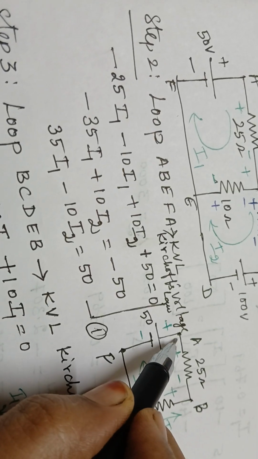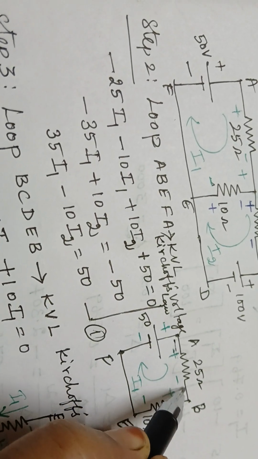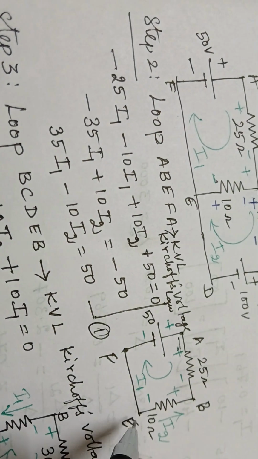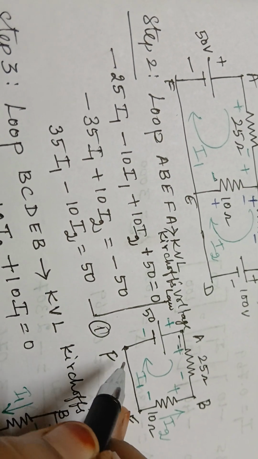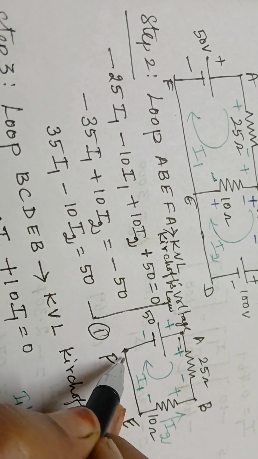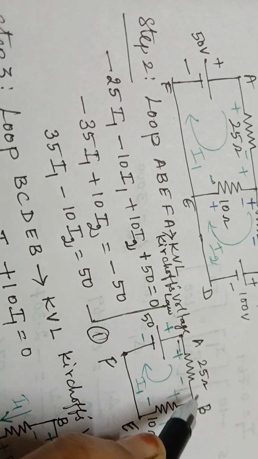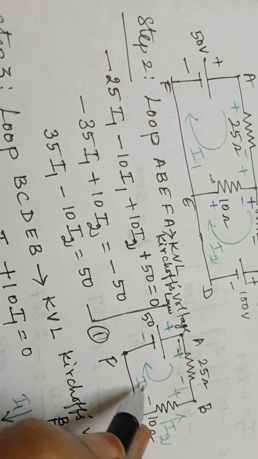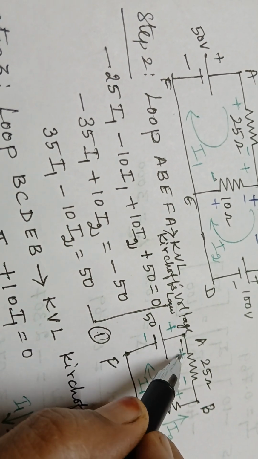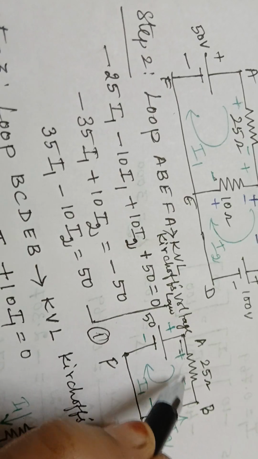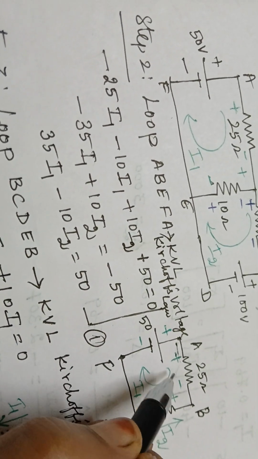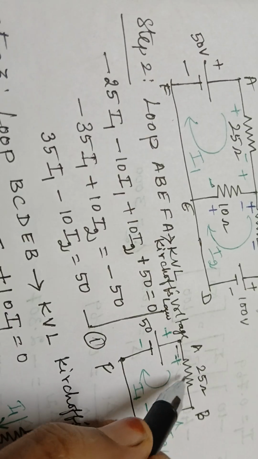The loop is also named A, B, E, F, A. This is the path traveled by the loop, the loop path, and this is the current direction. Both the loop path and current direction are the same, positive to negative, so it is a drop.